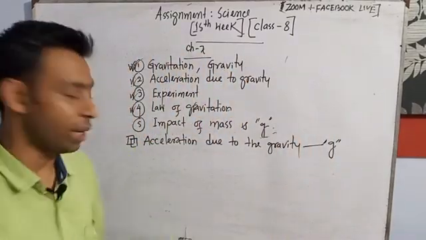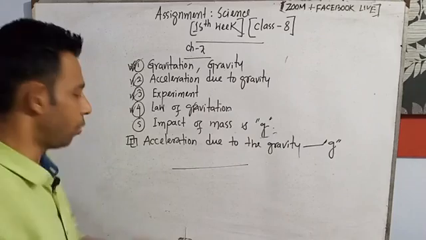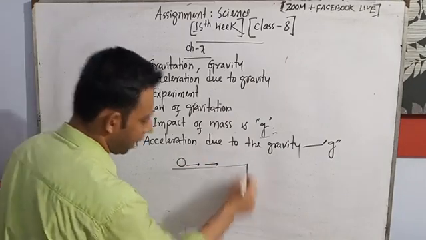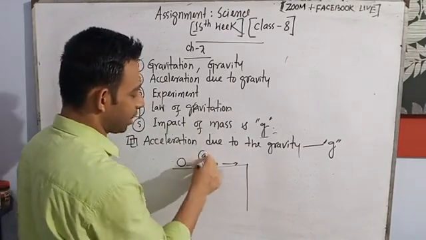Listen, students often make mistakes here. This is a roof. A ball falls from the roof to the ground. This is normally acceleration a.